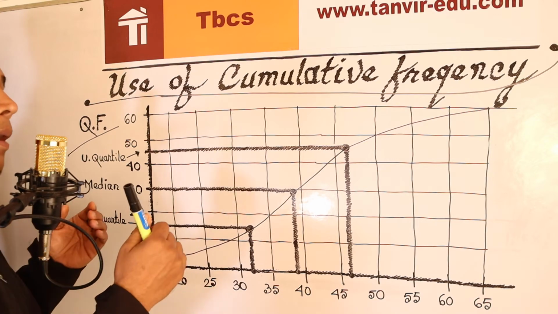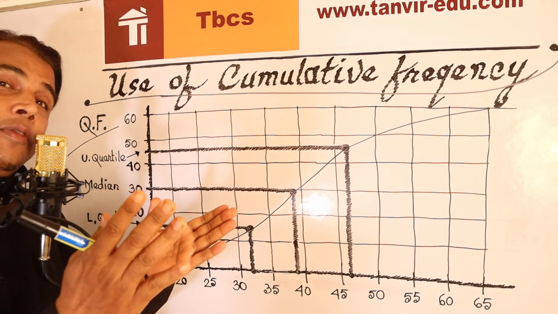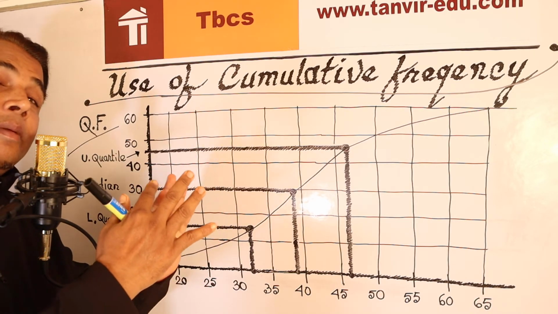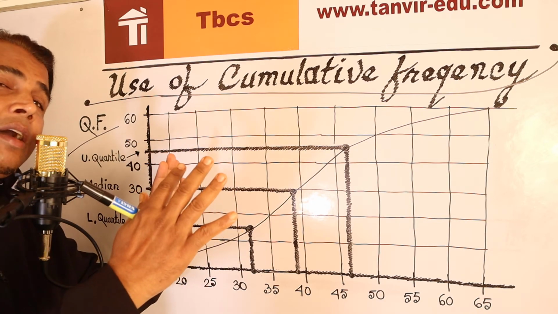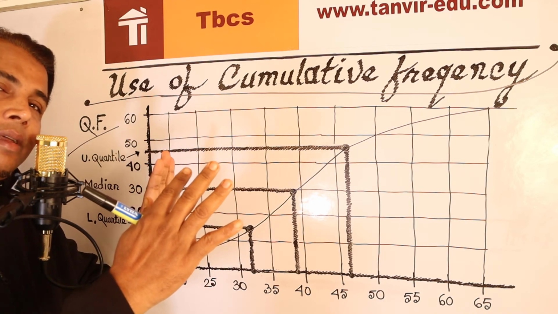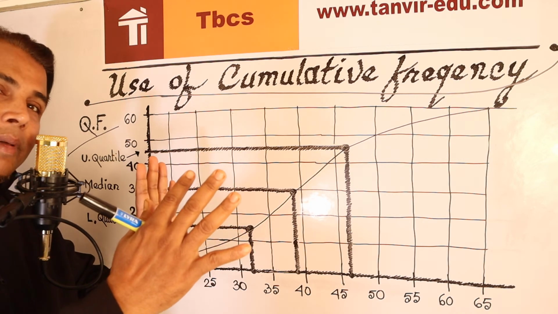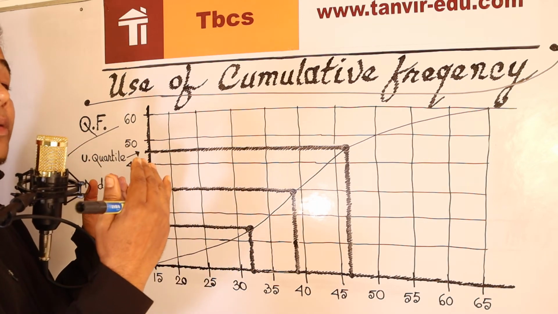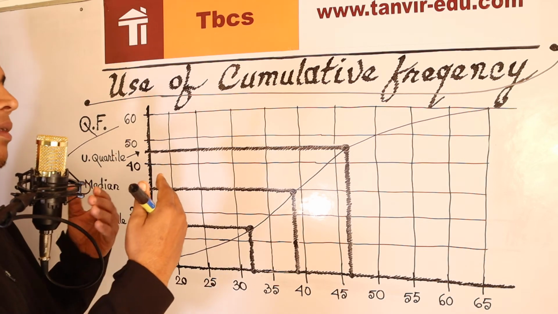Secondly, the lower quartile. What does quarter mean? 1/4, right? In statistics, which means data representation, data management, information management, the quarter we pronounce as quartile.